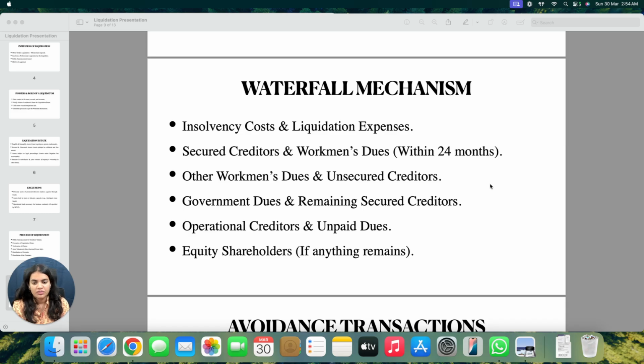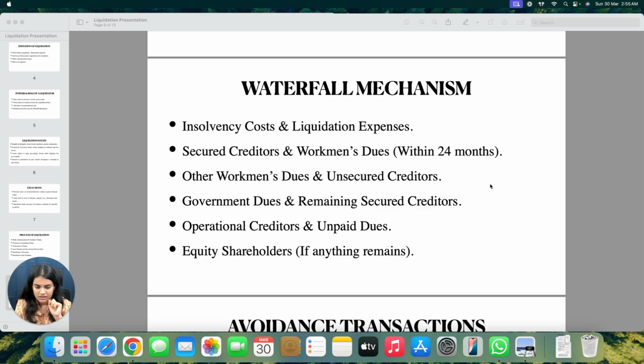And any other unpaid dues, basically other creditors, fall under this category. So here, secured creditors and workmen's dues, and government dues and remaining secured creditors fall on a pari passu basis, and the rest fall in the order that is mentioned.